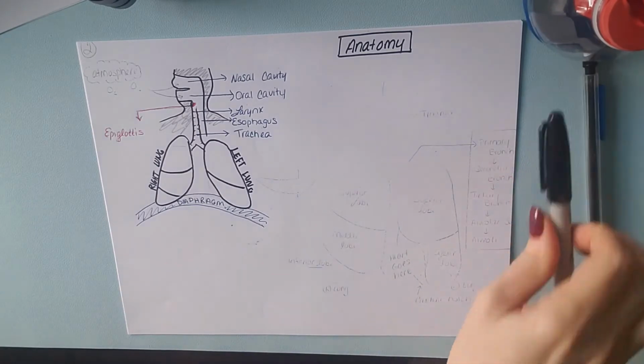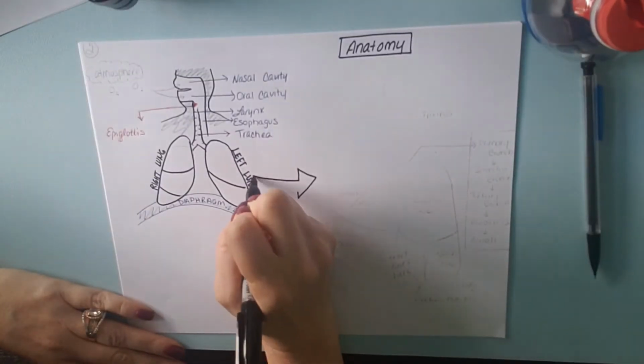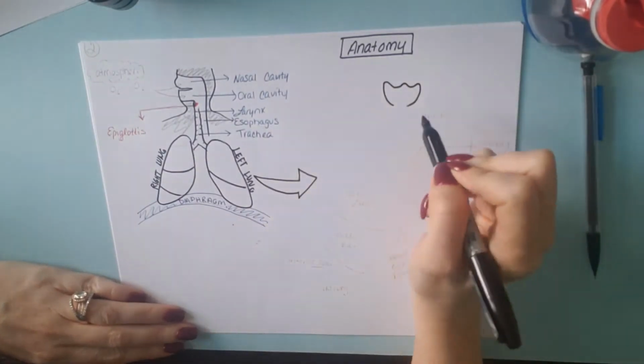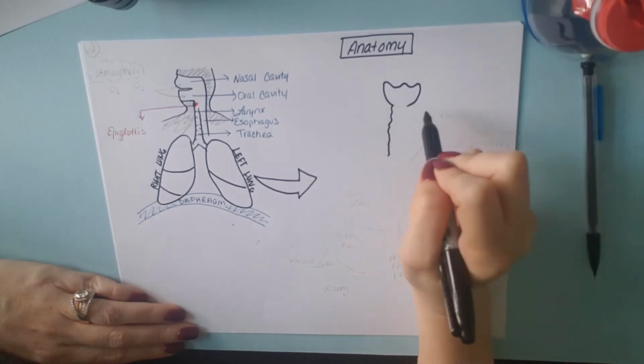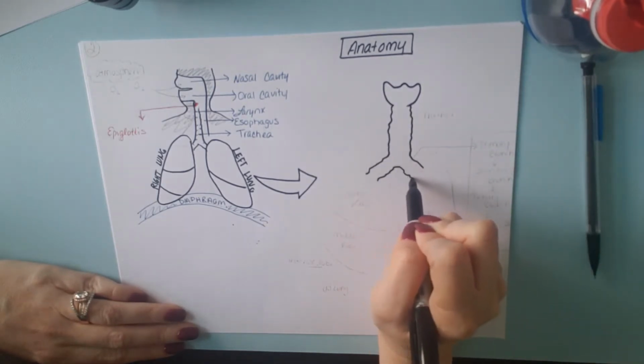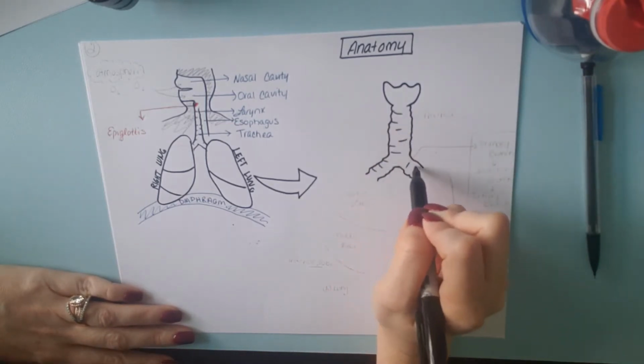Okay, so if we look into the lungs specifically, more details, as we always do. Right now, I am drawing the trachea and the tube and the bronchus, which you'll see. It all comes together in a second.